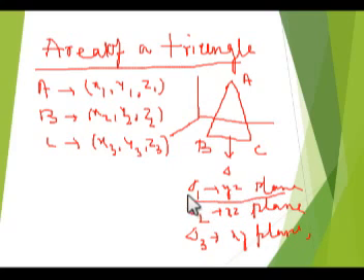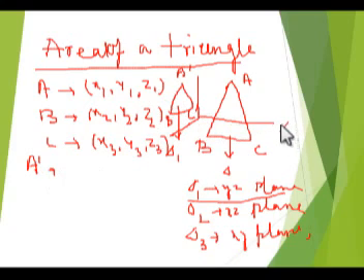this will be the coordinates of the projected triangle. The projected triangle will be A slash, B slash, and C slash. So this is delta 1, and coordinates will be there for all these 3 vertices.